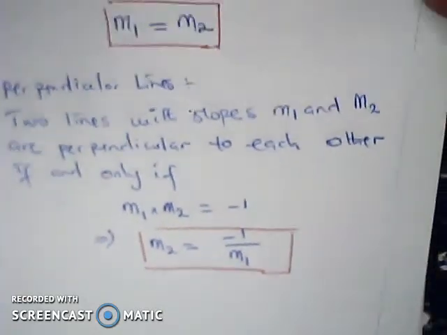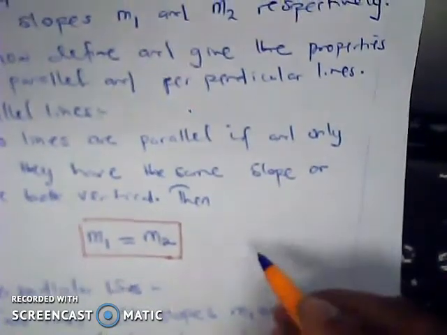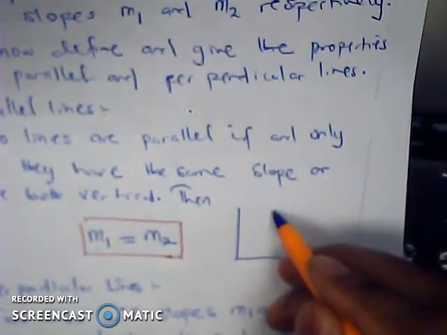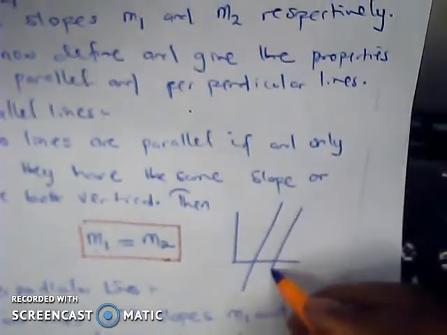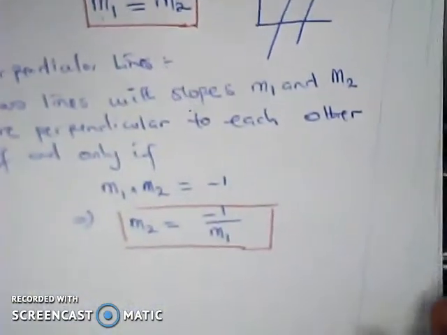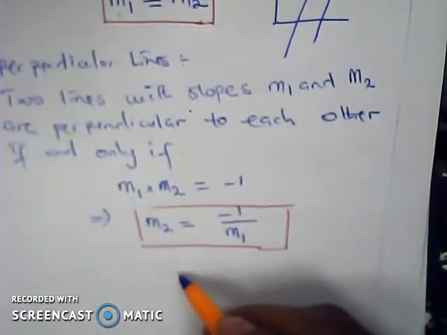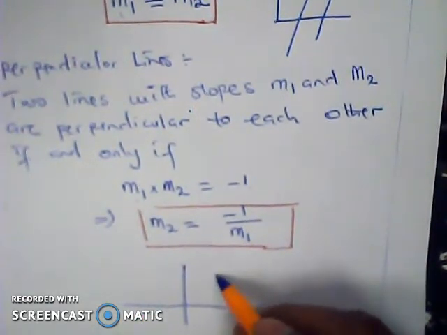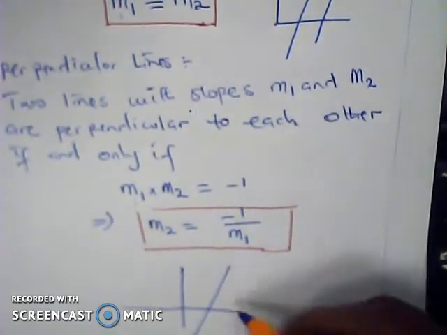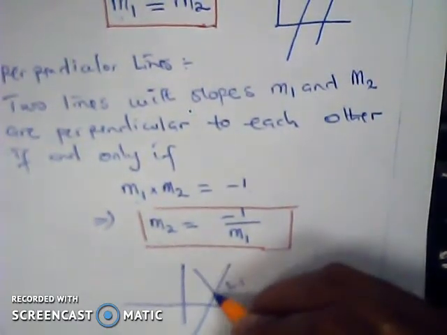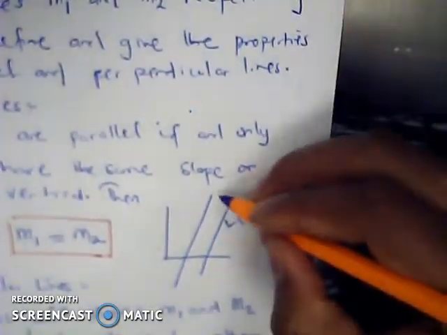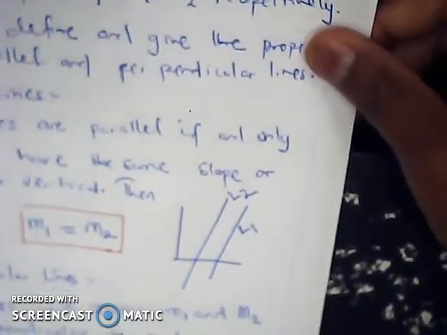Geometrically, here we have two lines that are parallel to each other, and here we have two lines that are perpendicular to each other. This is L1 and this is L2, and in the same manner, this is L1 and L2.